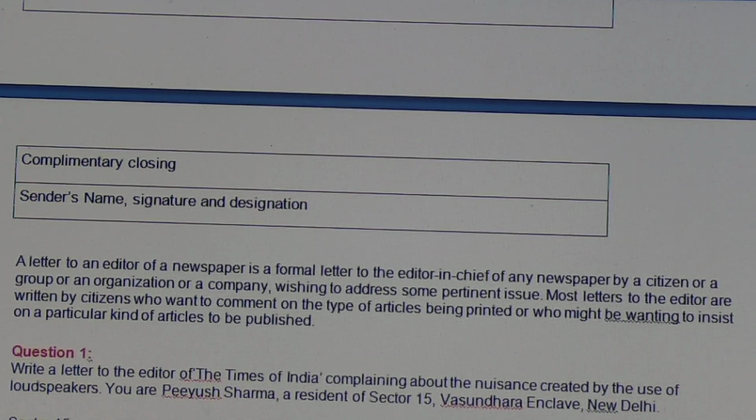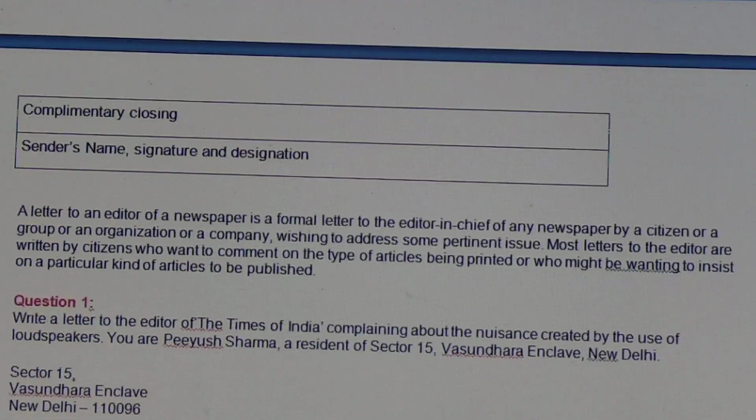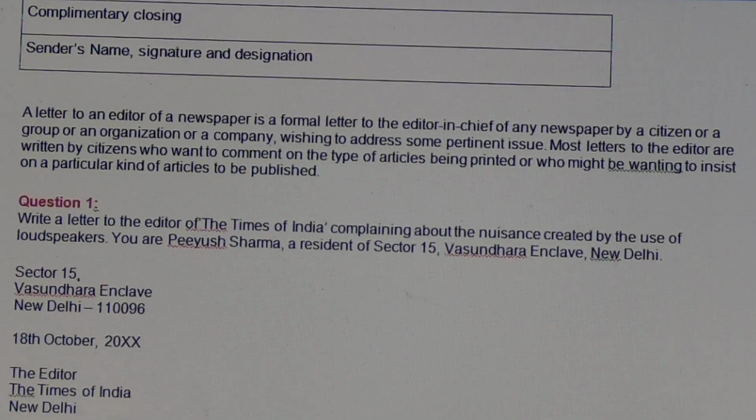Now, in formal letters, the applications which we write to the principal are also included. Then placing an order, complaint letters, these all come under the heading of formal letters. Let's first see the letter to the editor. Let's see the first example.